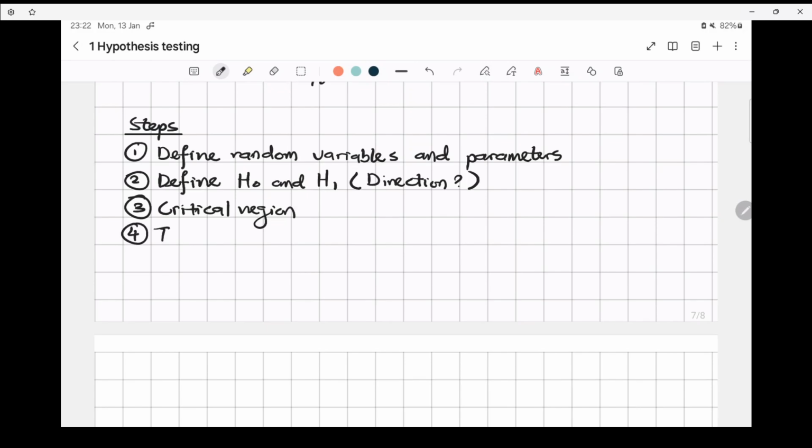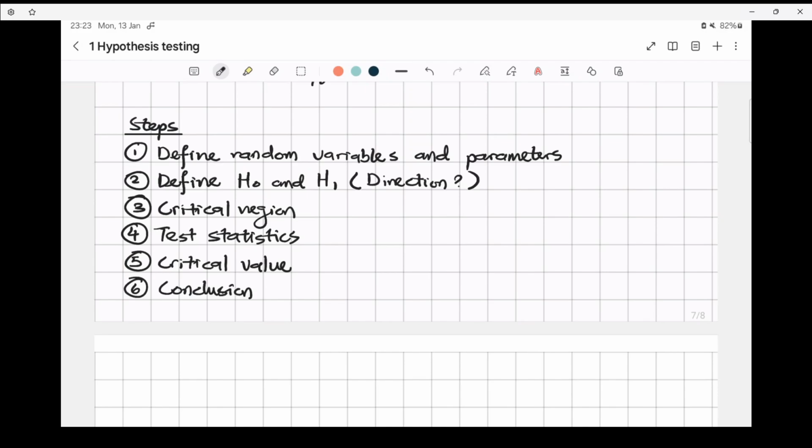Then find your test statistic, and you might be able to find the critical value. Sometimes they ask you to find the critical values. Finally, perhaps you write a conclusion. It depends on what the question asks, but generally these are the things you need to find.